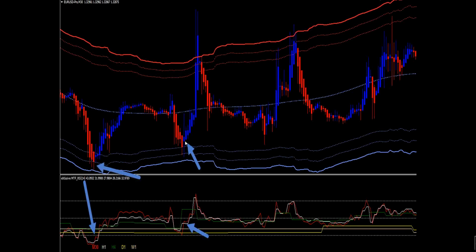Again, in this example here, the price has touched, at this point and this point, the lower portion of the TMA bands, but at the same time, or a candle after, the red RSI has crossed the white RSI, and the price went up, and then down again.